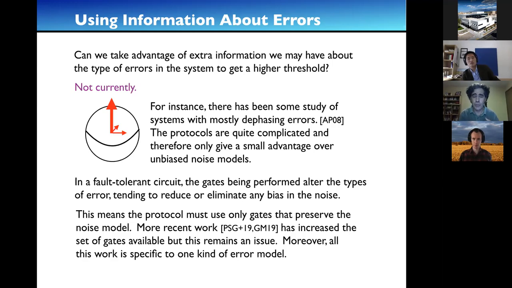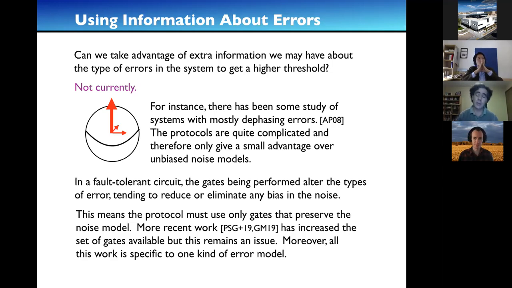If you want to get around this, the best thing to do is to use gates that will not change the errors into different types of errors. And that's very limiting. It means you have many fewer gates available and many fewer options for how to build your fault-tolerant protocol. That makes it difficult, and that's why it becomes so complicated.